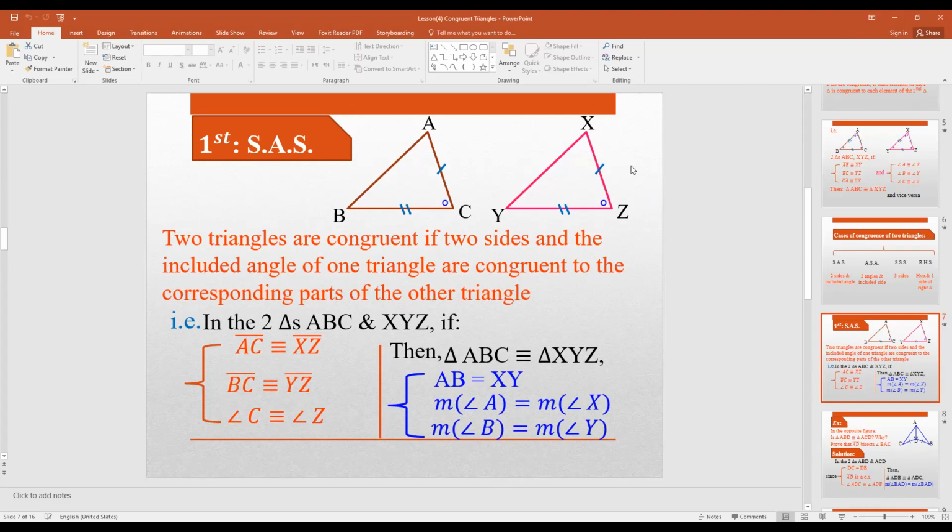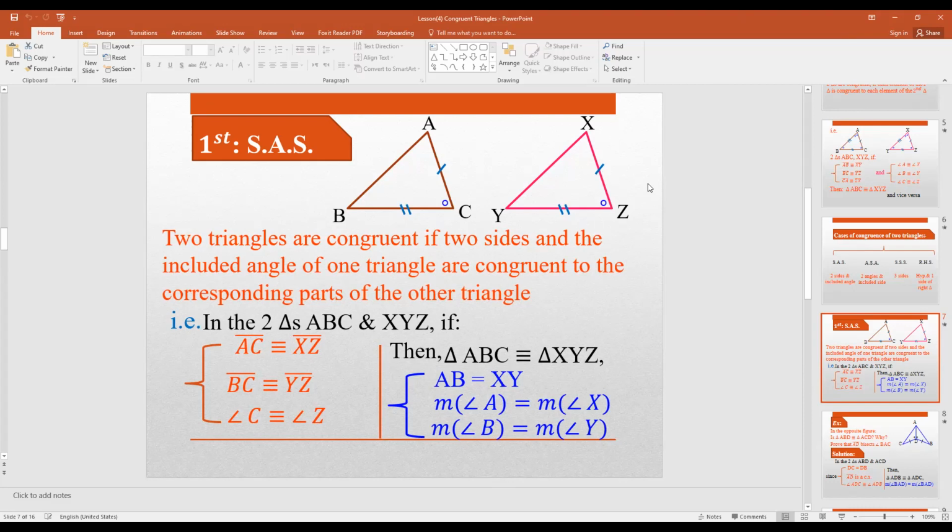So to find the congruence of two polygons, we should find the six elements and their corresponding parts in the other polygon. But in the triangle, we have special cases.